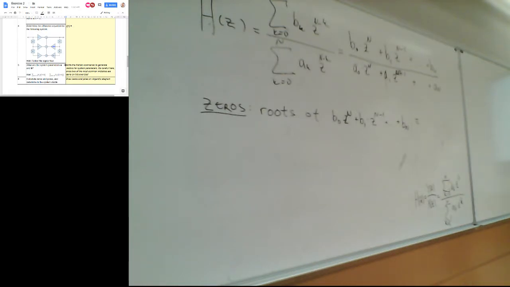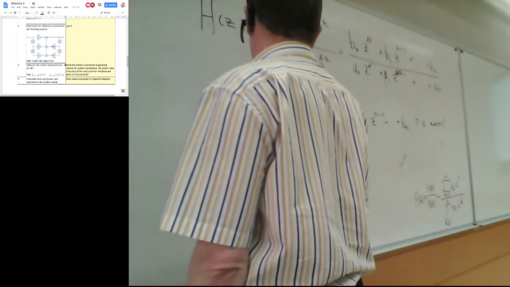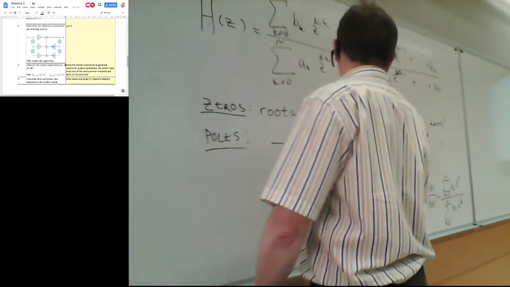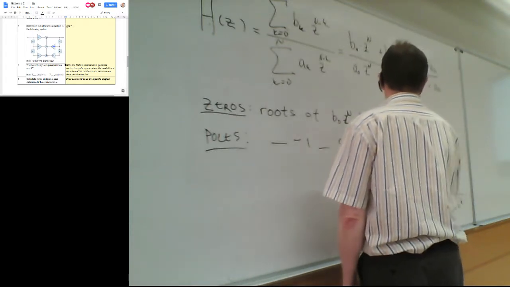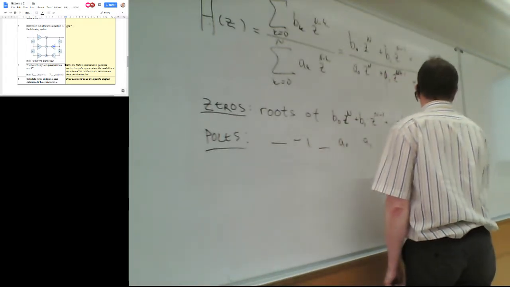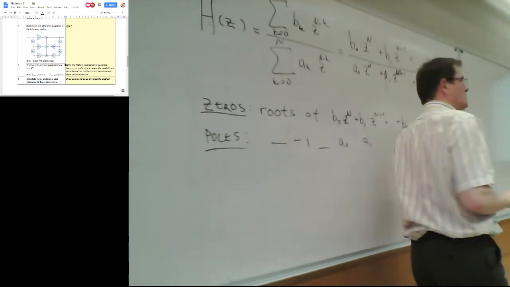N. Exactly N. So these are complex numbers. So N roots. Good. And poles, same thing, but with the A0 and so on. And that also has N roots. Okay.